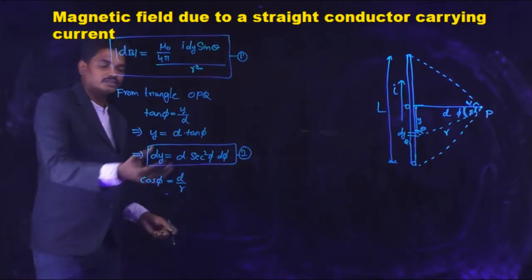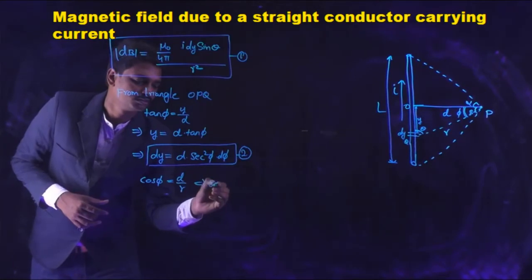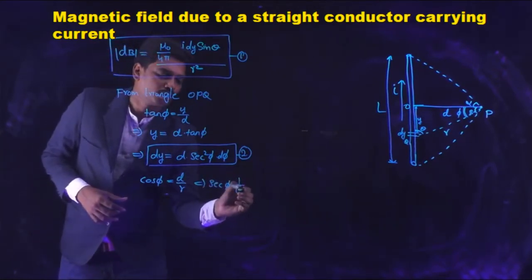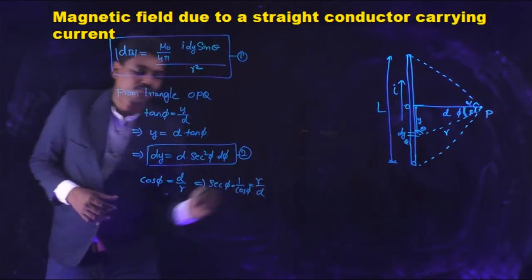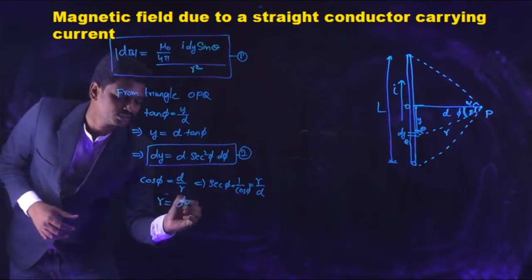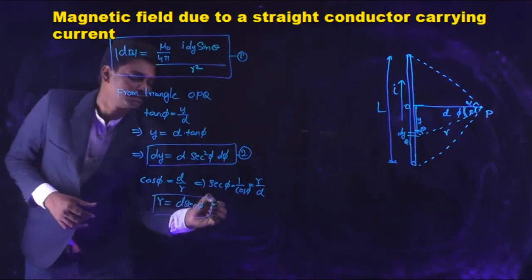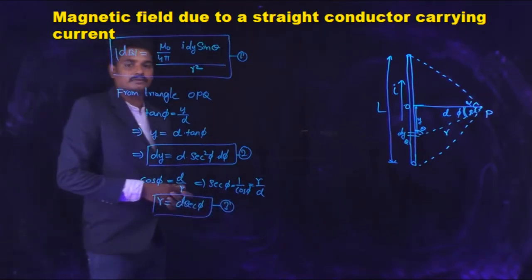So cos phi is equal to d by r. What is secant phi? Secant phi is nothing but 1 by cos phi, that is equal to r by d, from which we can write r is equal to d into secant phi. Let it be equation number 3.